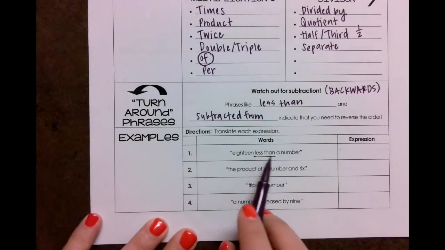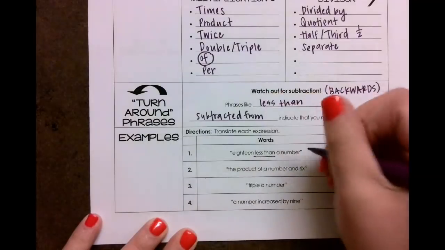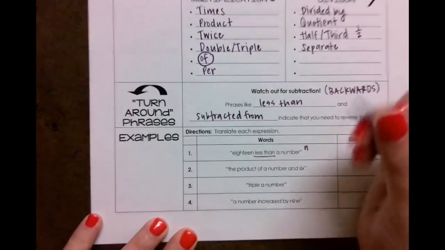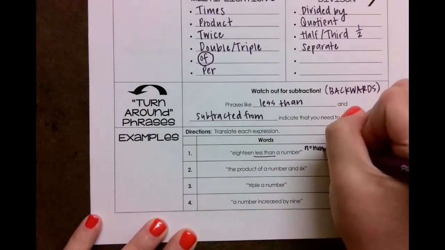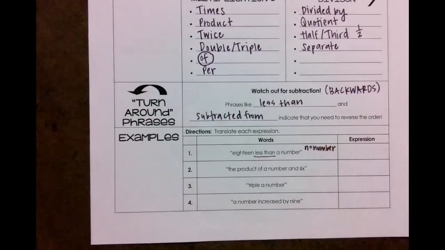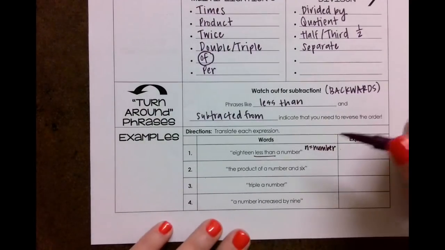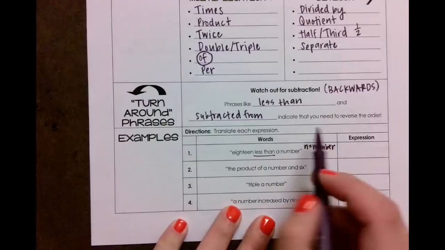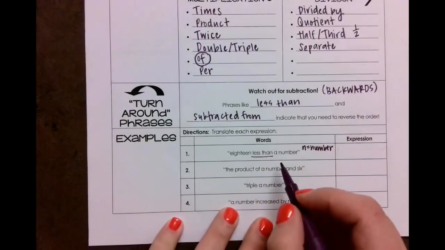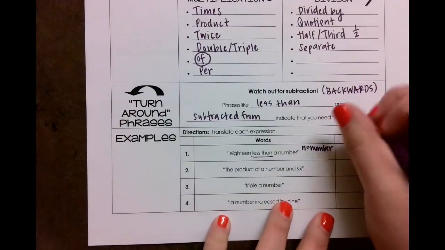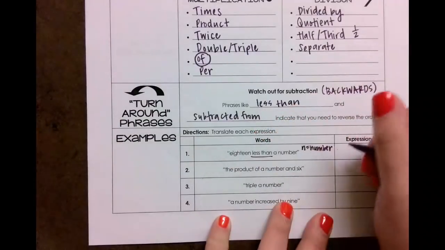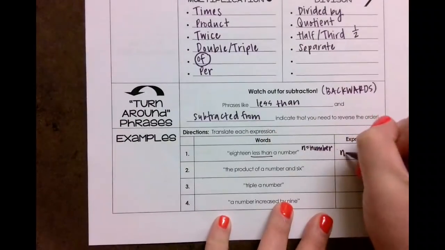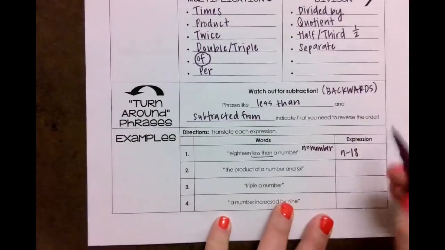So instead of writing 18 minus a number, for a number we're just going to use a variable, like n. So n is a variable that represents a number. Doesn't matter what the number is, it's just a number. So 18 less than a number, I need to reverse the order. I'm not going to write 18 minus n, I'm going to write n minus 18, because it's 18 less than n.